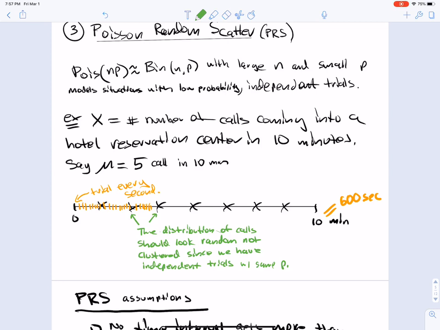We can subdivide the time, say into seconds, or even smaller time intervals, where we'll be assured that we only get a single call per time interval.